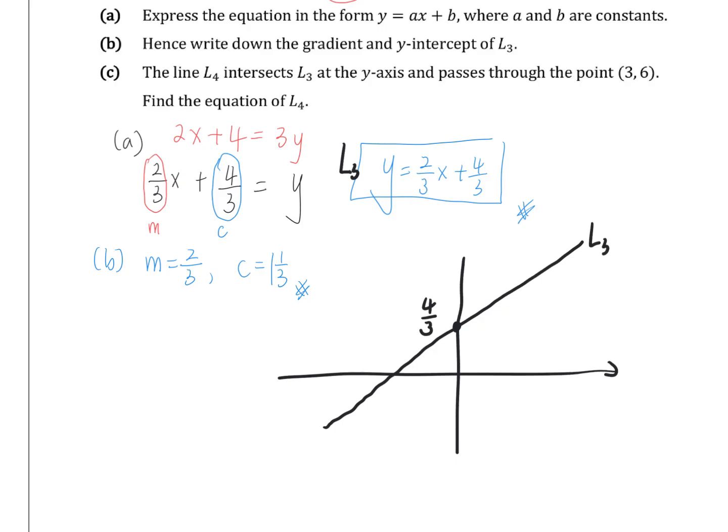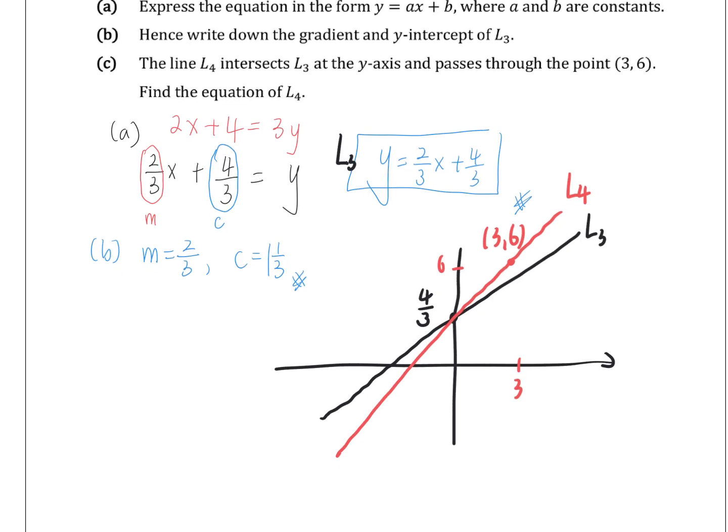And then they say that I have a new line 4 that intersects this line at the y-axis. Okay, and it passes through the point 3,6. So I don't know where 3,6 is, maybe roughly, let's say here. So it intersects the line at the y-axis, and also passes through 3,6. So this is your line 4. Something like this. So they say, can you then find the equation of this line?